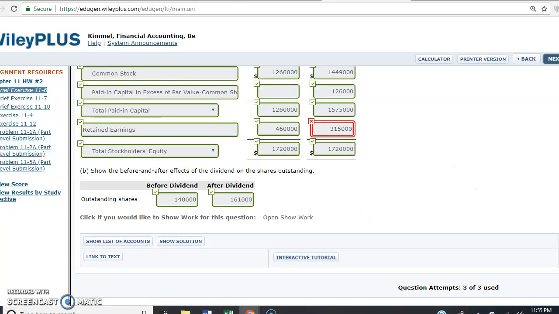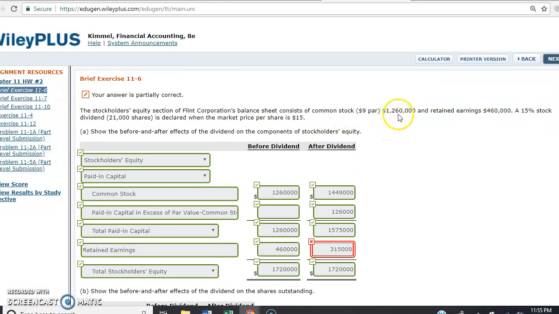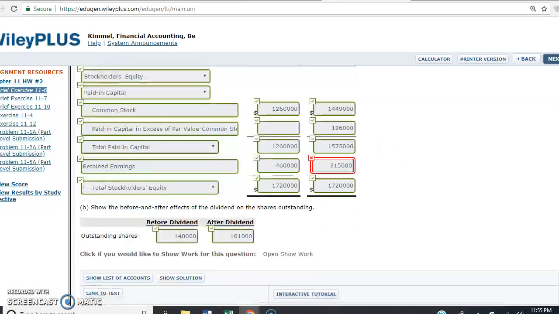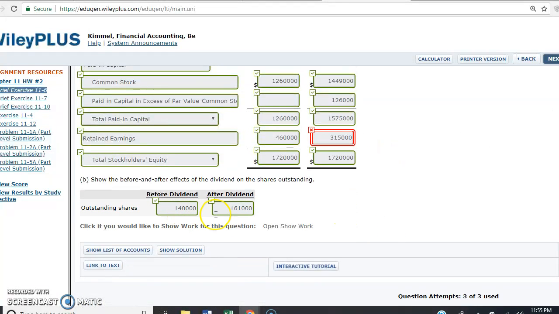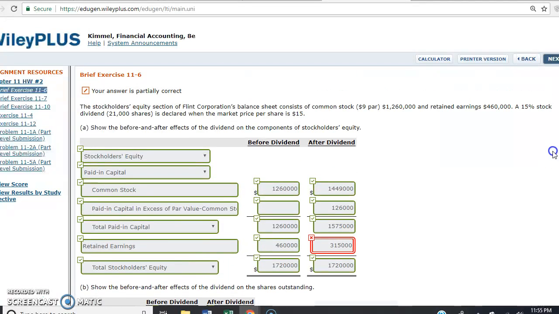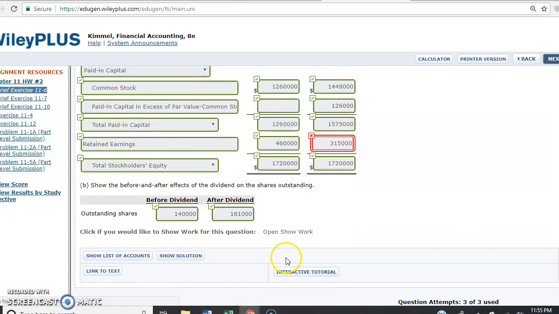To find the before dividend outstanding shares, all we do is divide the total dollar amount of stock by the par value. That gives us 140,000 shares, the total number of shares. Right at the beginning of the next sentence, they tell us how many shares are added. There are 21,000 shares added, which gives us 161,000 shares.